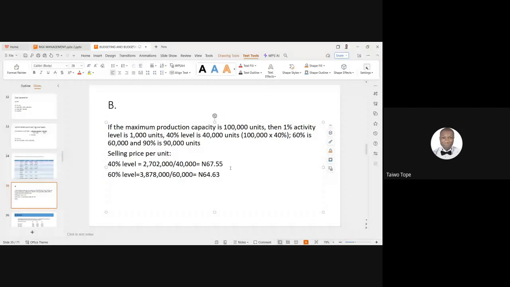And at 90%, it will be what? 5,642,000 divided by 90,000. And this will give us 62.69. This is what the B part wants you to do.